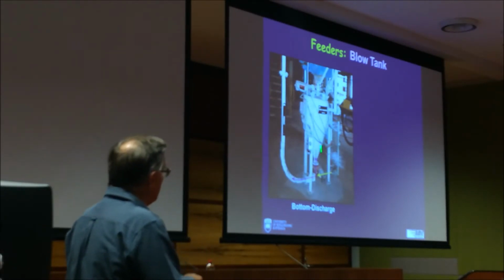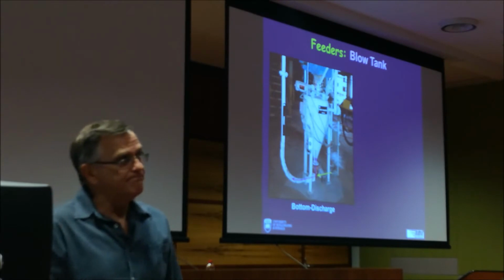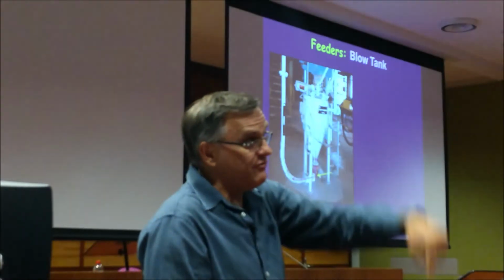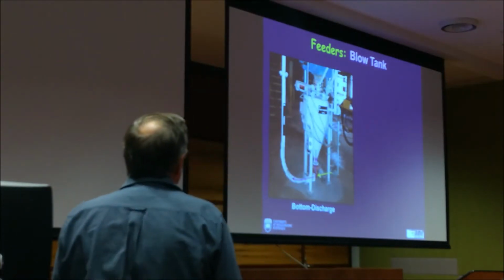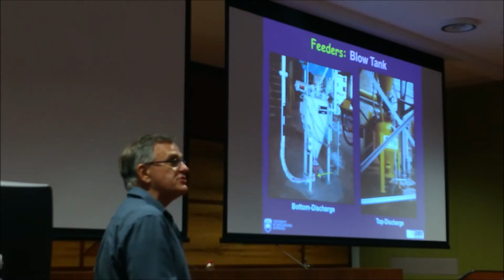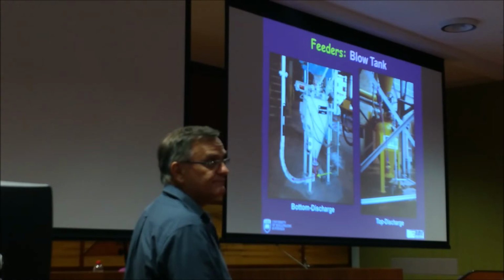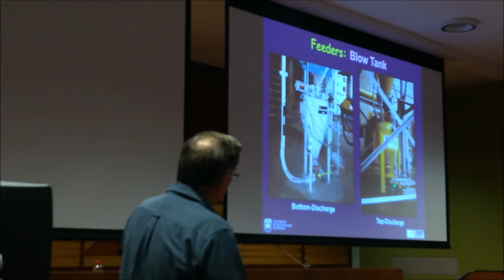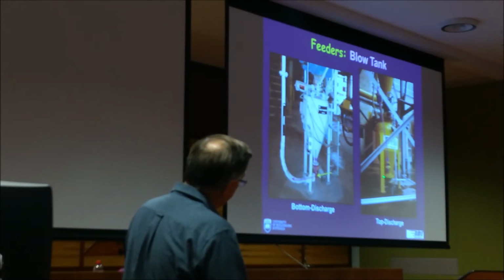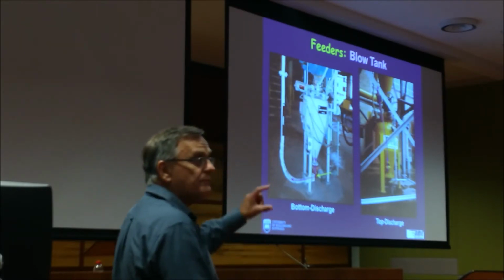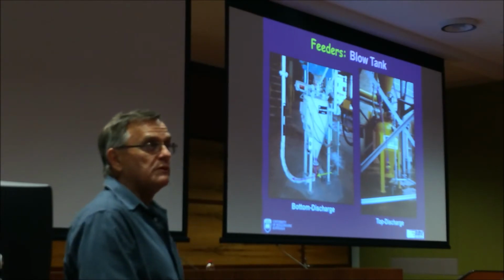So this is what we call a bottom discharge blow tank. The product discharges out through the bottom. You can also get a top discharge blow tank, where the product discharges out through the top, as you can see. We still have air coming down here through the fluidising pad. That pipeline actually goes all the way into the blow tank, a couple inches from the membrane, the fluidising membrane.